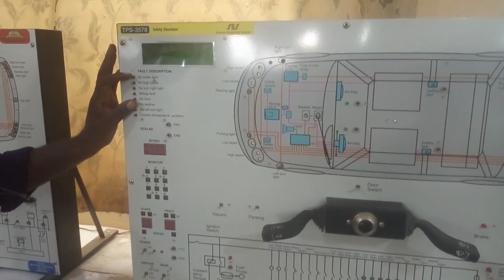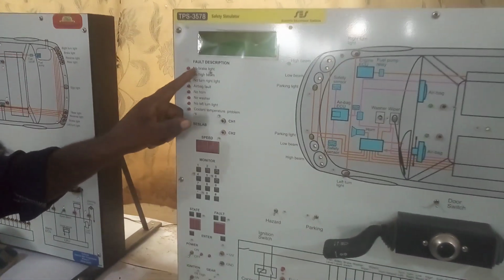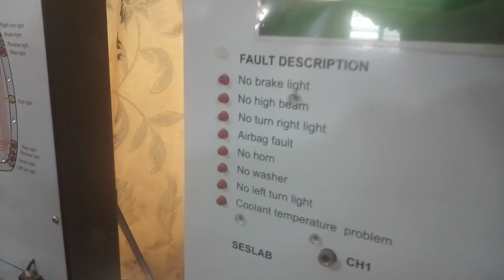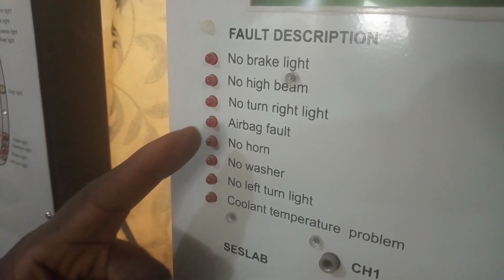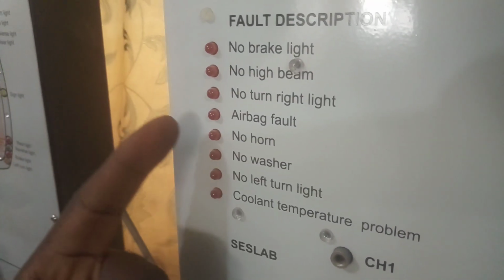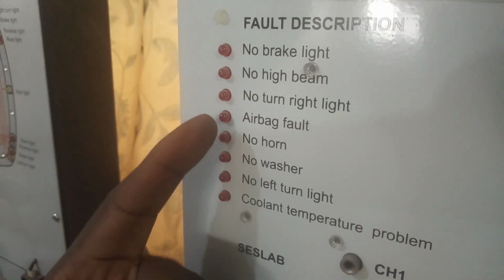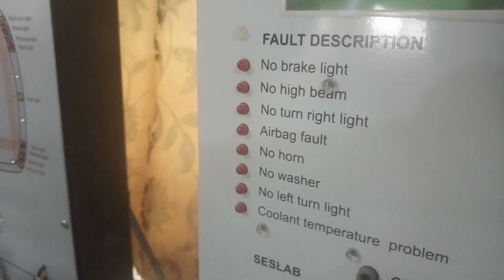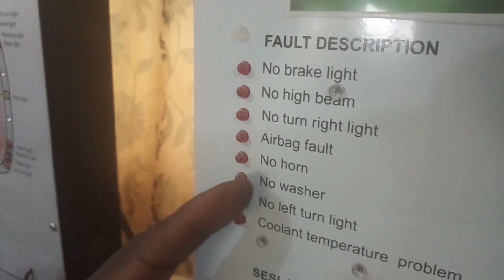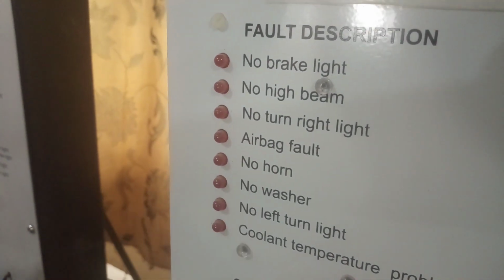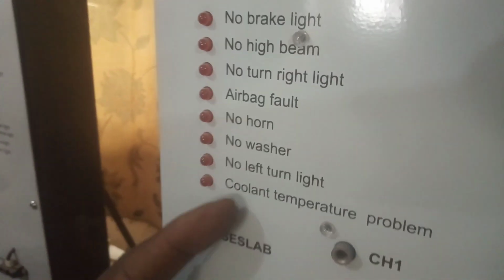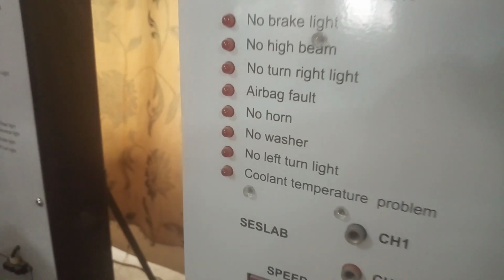The first one here is no brake light, no high beam, no turn right left light, no turn right light, airbag fault, no horn, no washer, no left turn light, coolant temperature problem.